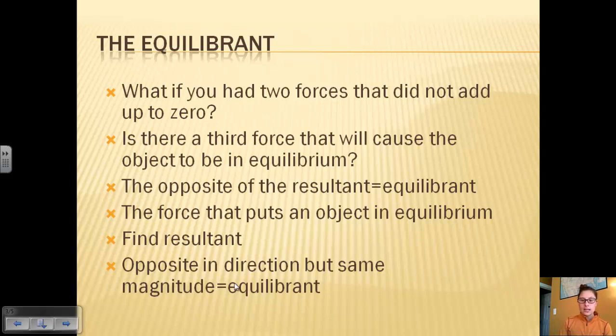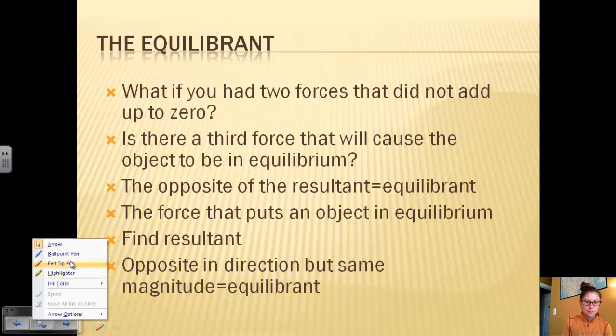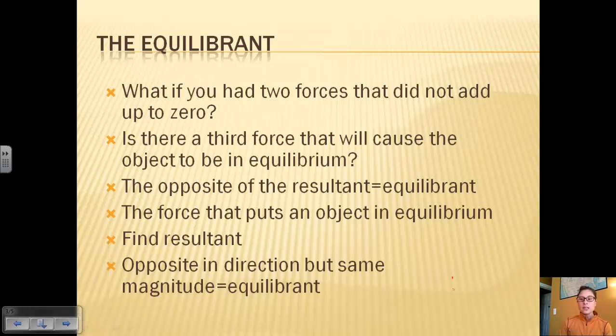So let's take a look at an example. Here's our object, whatever it is. Let's say we have one force acting this direction, and one force acting in this direction. Well, if we break each of these into their components, an x and a y, and the same thing for this one over here, and we add up all our x's and we add up all our y's and we do Pythagorean's theorem and we get the resultant.